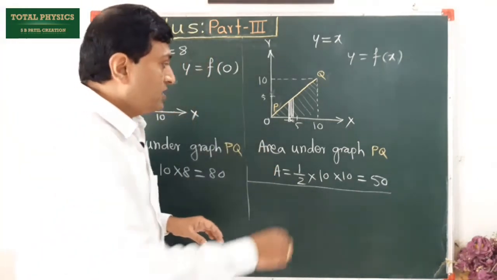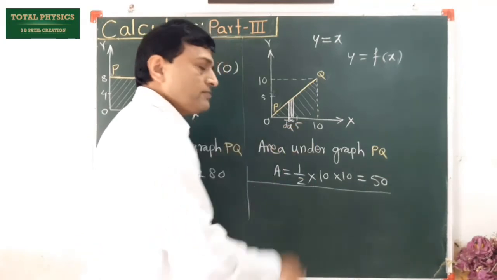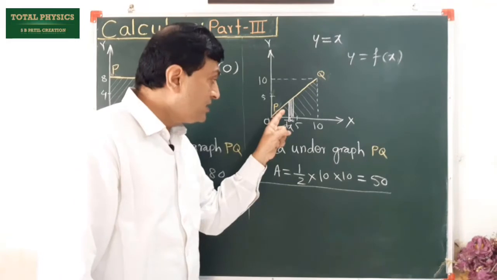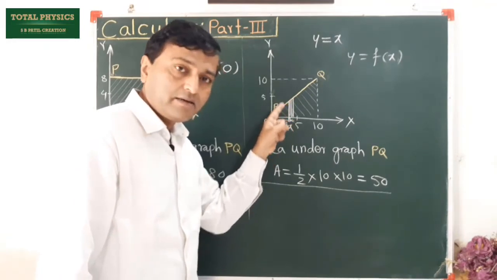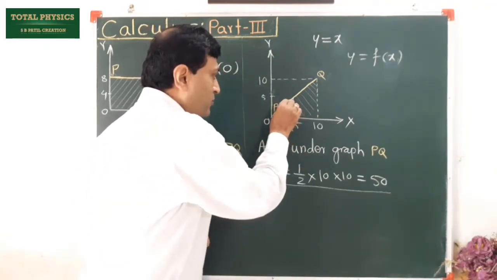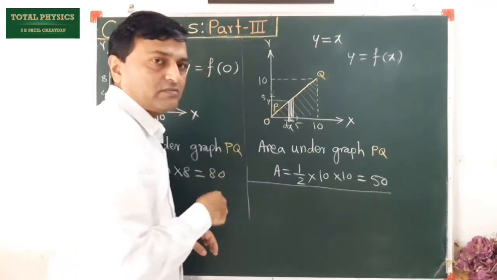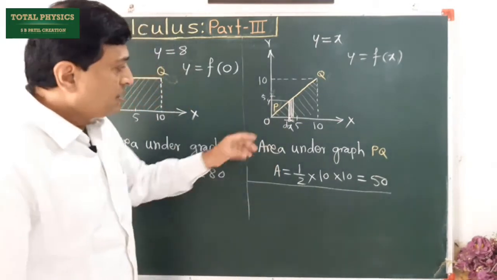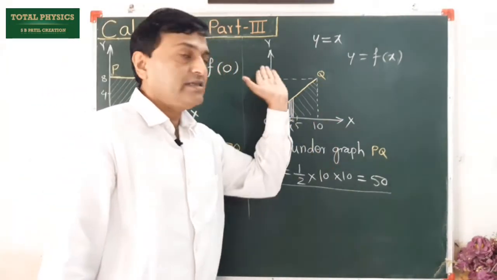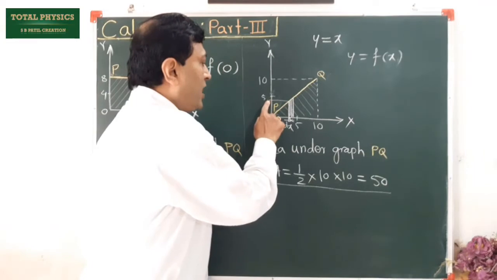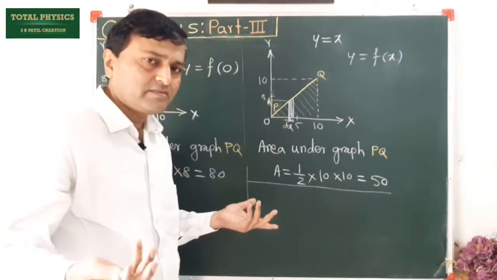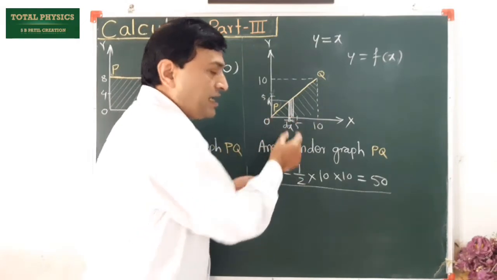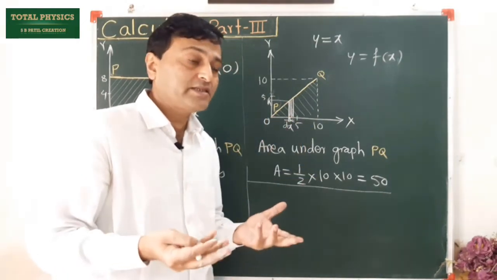Now this dx is the small width of this rectangle, the small rectangle, okay, and this is the corresponding y. I don't know corresponding y. Suppose this is length and this is height, then you can say this y is nothing but h, and dx can be taken as length or base.